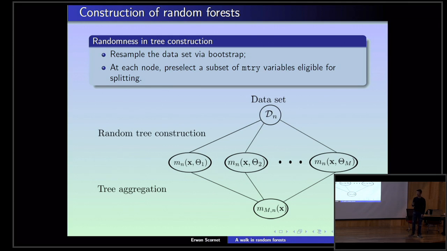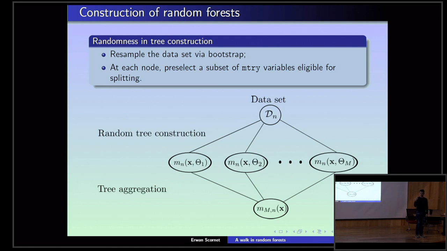For example, I will have a parameter called mtry, equal to 1. It would mean that in each cell, I randomly choose one variable and only optimize the splits along this variable. I do not consider the others.